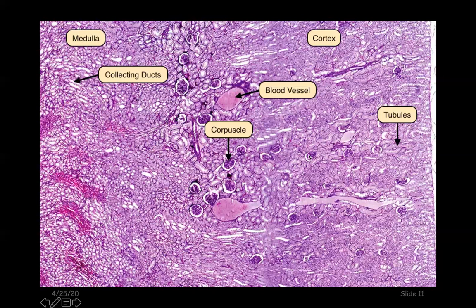You'll also sometimes see cross sections through renal tubules, distal and proximal convoluted tubules. You don't need to be able to distinguish them. You can see that they are lined with simple cuboidal epithelial tissue. And then down in the medulla, you'll see some that are larger, and those are the collecting ducts that have urine that's been collected from multiple distal convoluted tubules.